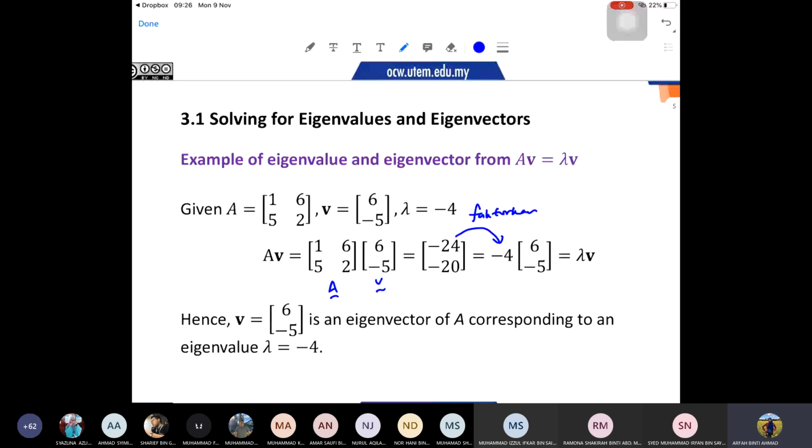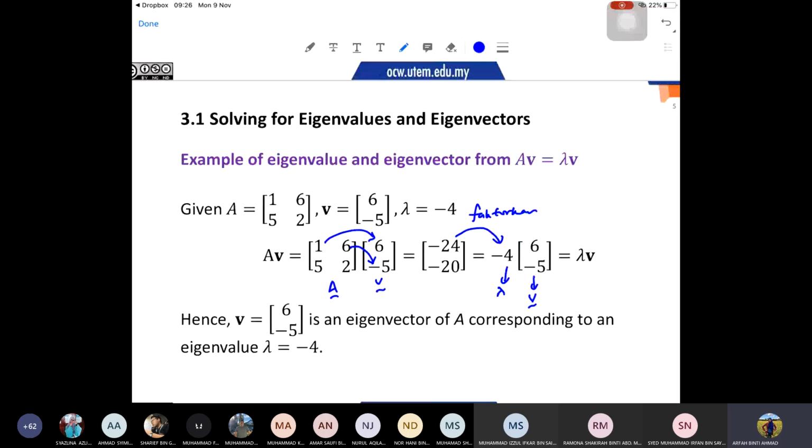So daripada sini yang awak dapat faktorkan ni, lambda adalah eigenvalue dan V adalah dia punya eigenvector bagi satu matrix. Okay. Yang ini darabkan 1 kali 6 tambah 6 darab 5 kali 6. So itu yang dapat -24 and so on.